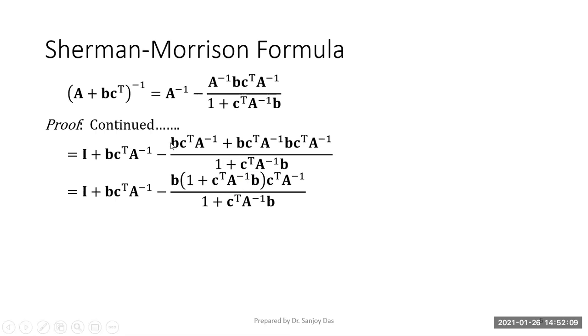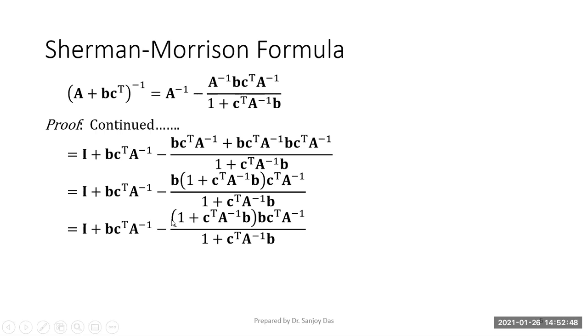Now, normally you should never violate the order of multiplication. BC transpose A inverse is not the same thing as BA inverse C transpose, right? So you should always preserve the order in which the matrices or vectors appear in each term. But except if it's a scalar. If it's a scalar, then you can put it anywhere. In fact, this is a scalar, so I can just put it right at the beginning, and then BC transpose A inverse.